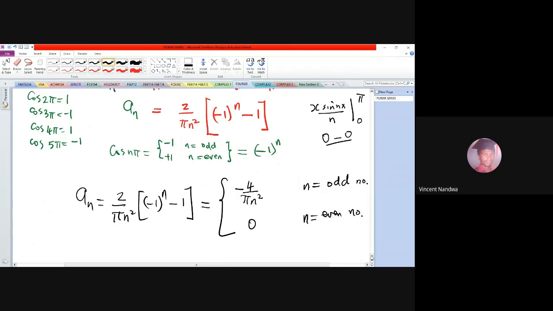So now, because we are not interested in getting the zero function, we pick the part that has a non-zero value for odd numbers.